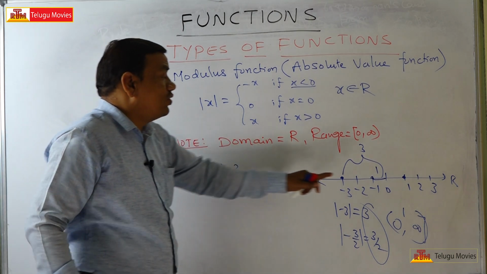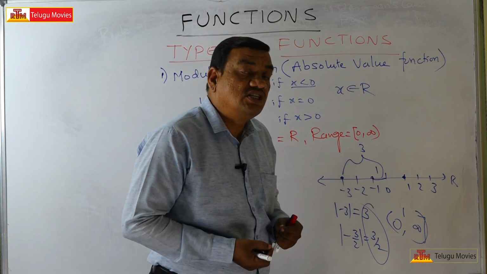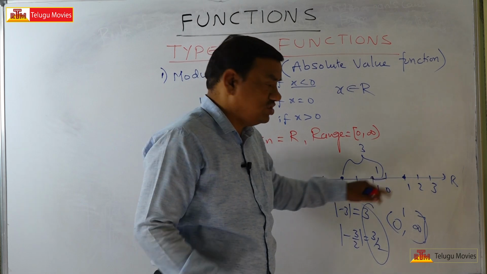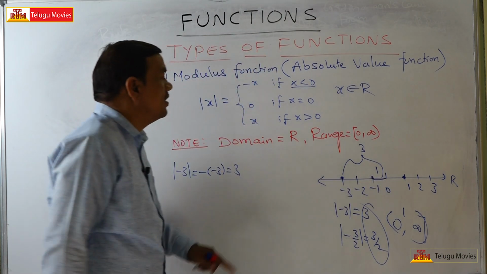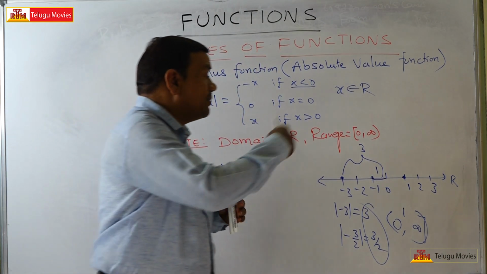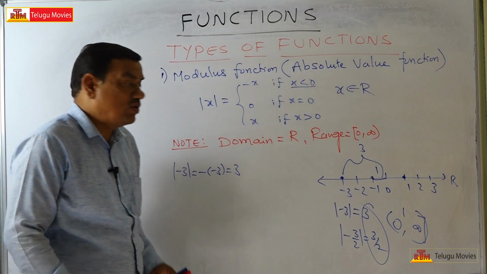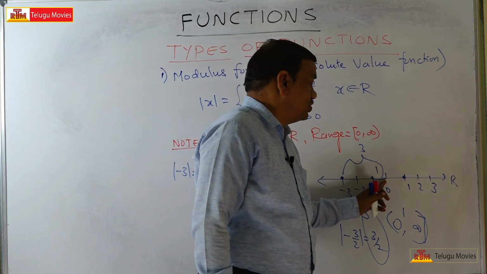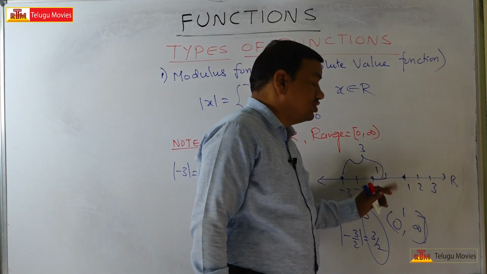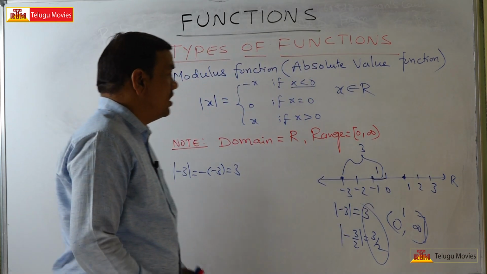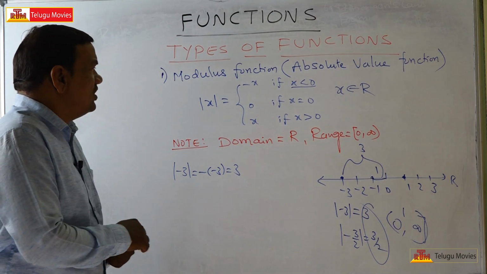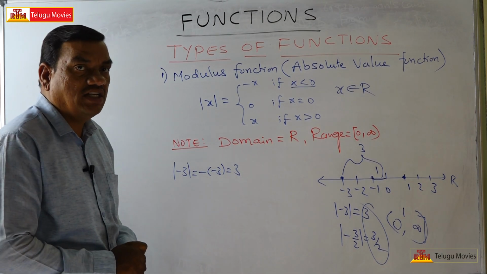If x is 0, what is the distance between 0 and 0? 0 only. If x is a positive number, modulus of x is equal to x only. What is the distance between 2 and 0? 2. Between 3 and 0? 3.